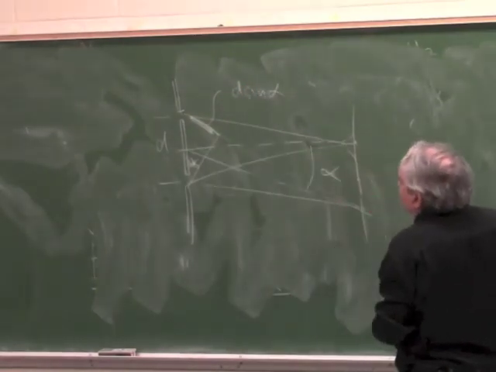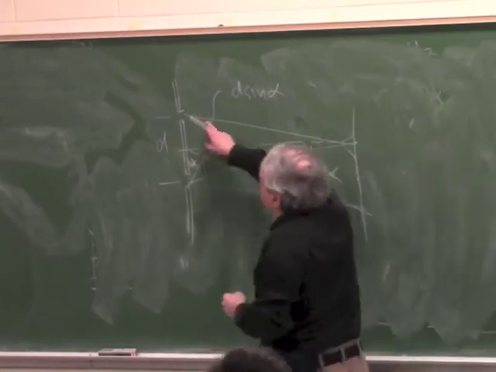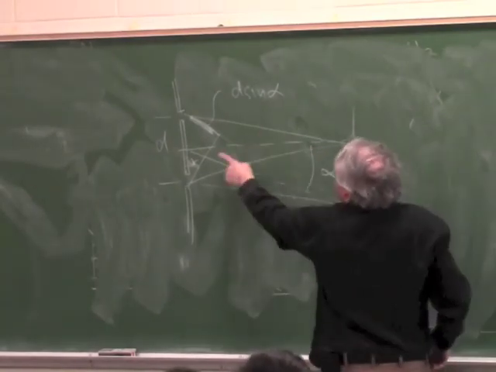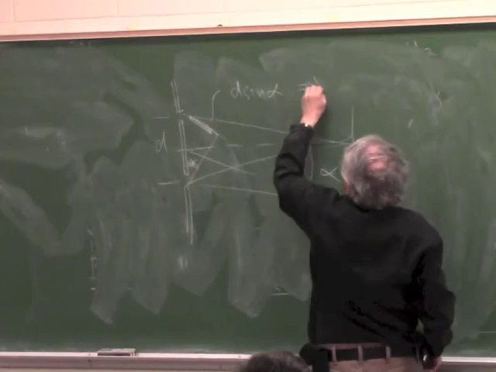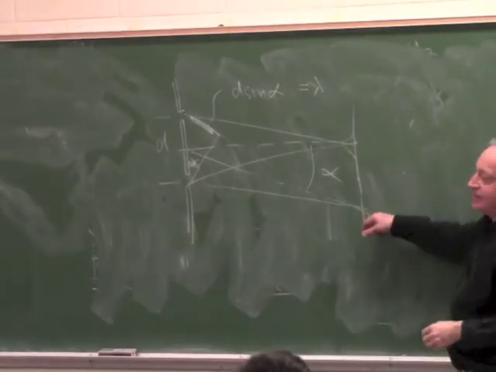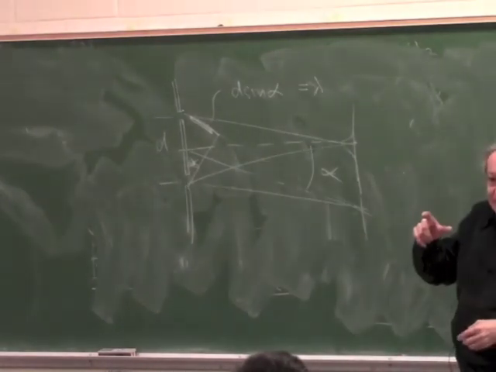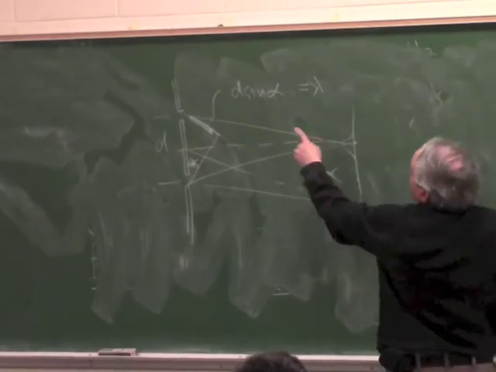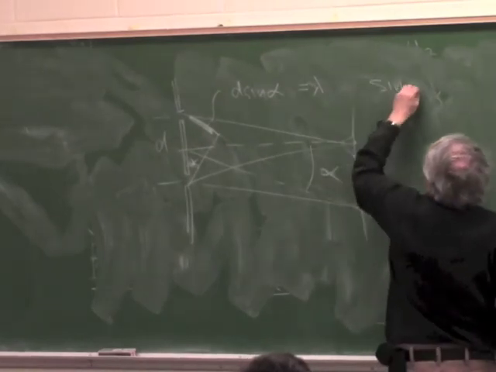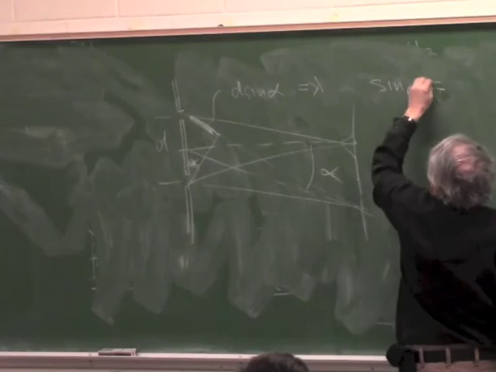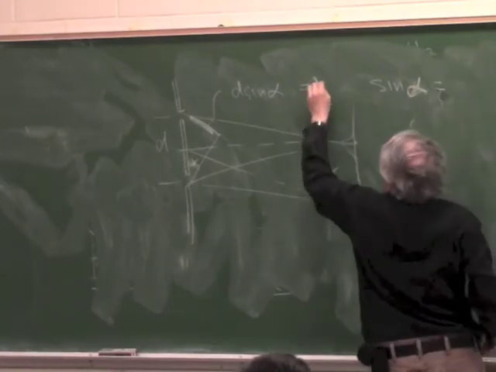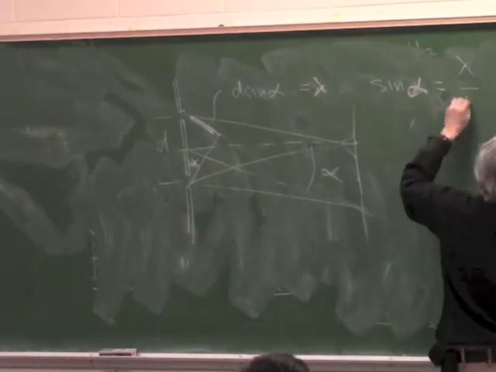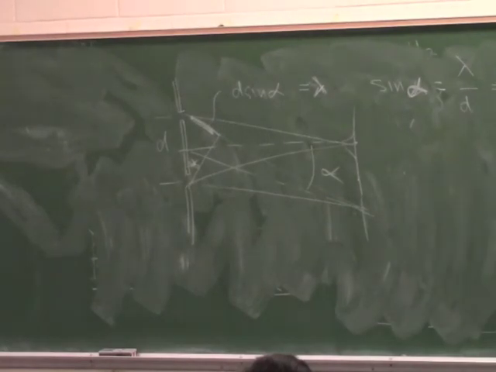Right? Because this is d times sine alpha. So d sine alpha has to be equal to lambda in order to get a path difference of one wave. So because of this, sine alpha is lambda over d, and for small angles it also equals alpha. So it's as simple as that.